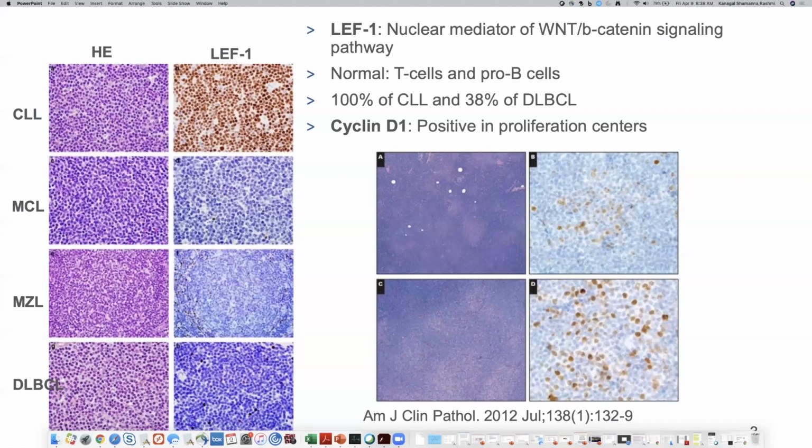You can share your screen till Dr. Rashmi sorts out her internet issue. Dr. Nitin, are you okay to talk next?